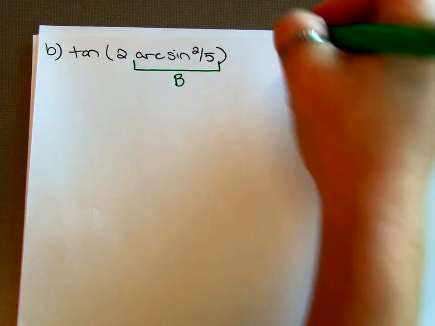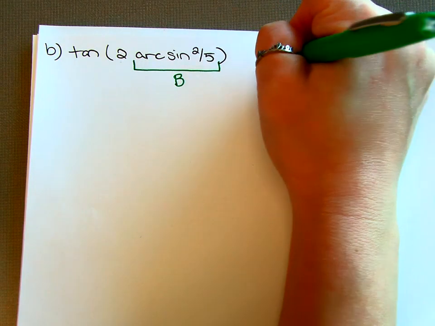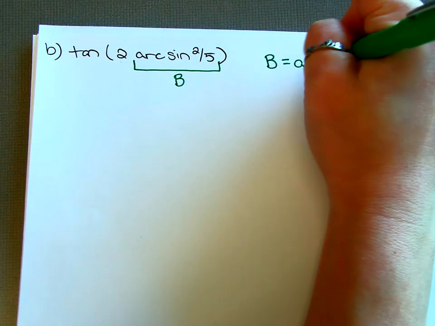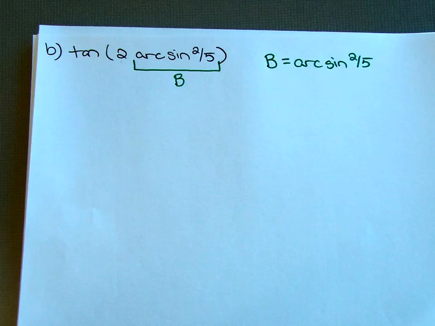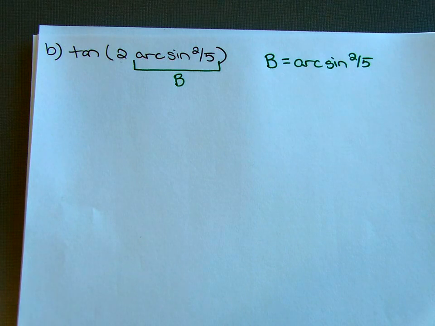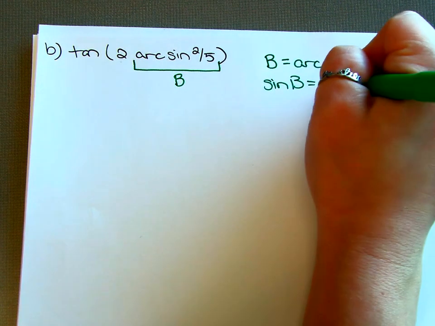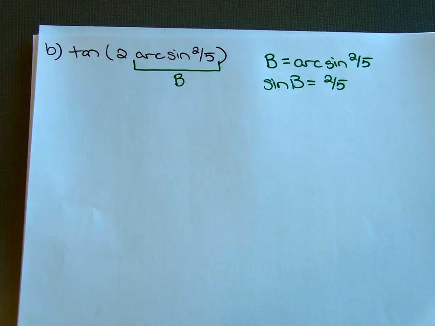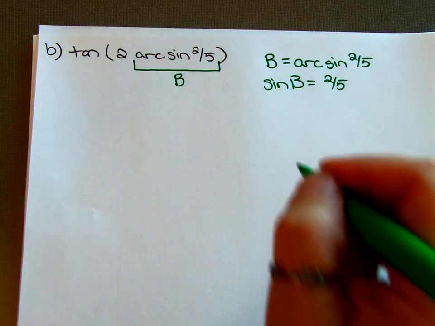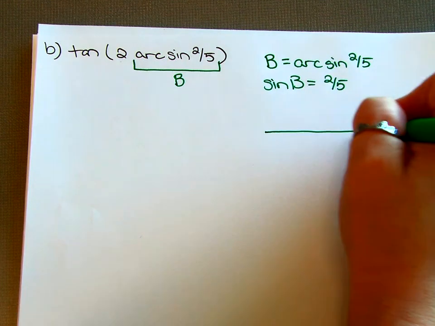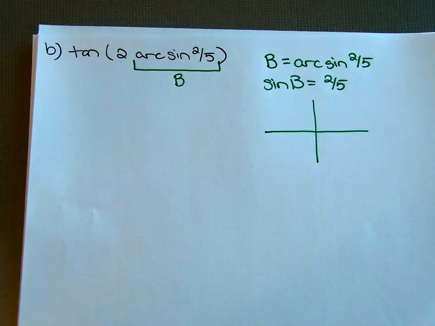But I'm going to say B is arc sine of 2/5. And then I'm going to turn that around so that I can have sine of B is 2/5. So I'm going to fall in which quadrant? Yeah, we're going to fall in quadrant 1. Sine's positive.